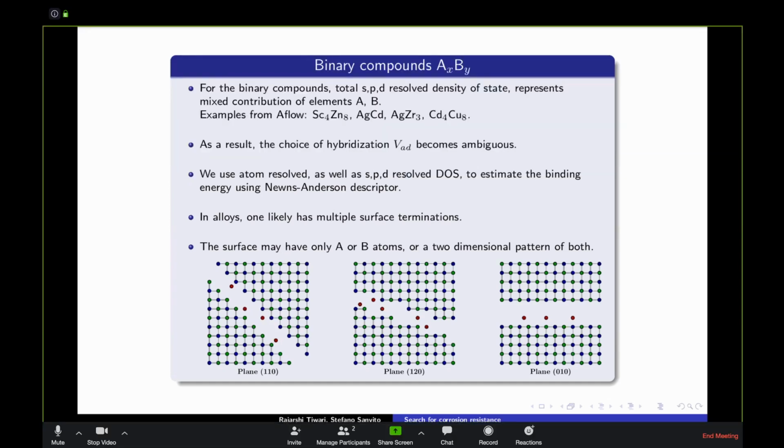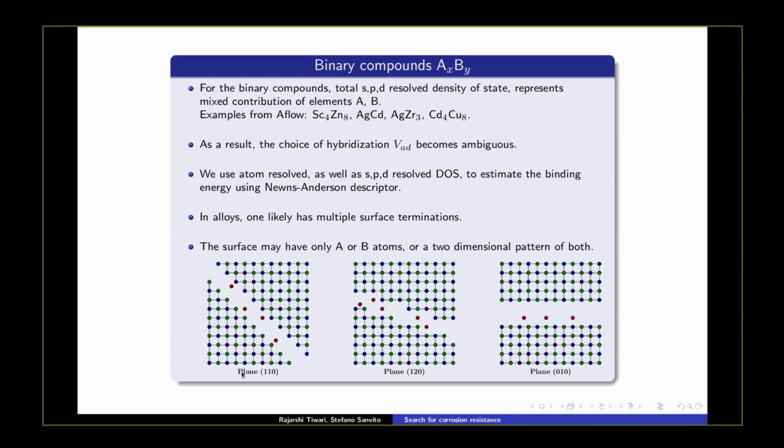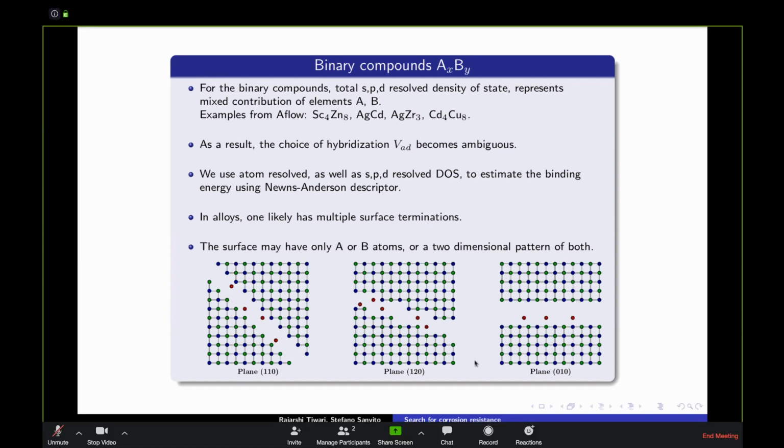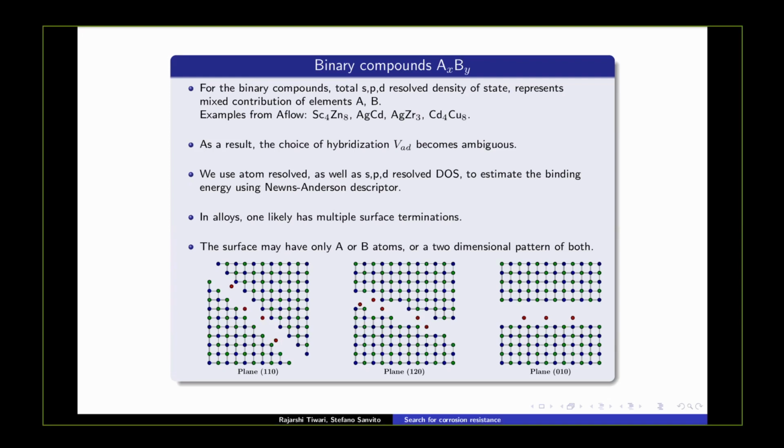As I mentioned earlier, with binary compounds, the choice of hybridization becomes ambiguous, and we also need atom-resolved density of states. The other thing I mentioned was that, as this figure illustrates, when you have binary, ternary, or any alloy, you potentially have many possible terminations, which have different distributions of atoms.